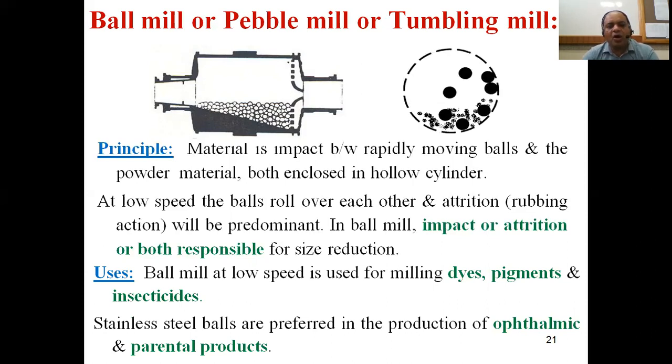If we have an ophthalmic preparation or parenteral preparation for size reduction, or any material used for preparation of ophthalmic preparation and sterile parenteral preparations, we can also use the ball mill with stainless steel balls for size reduction.